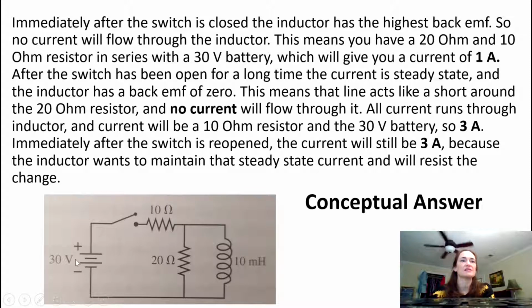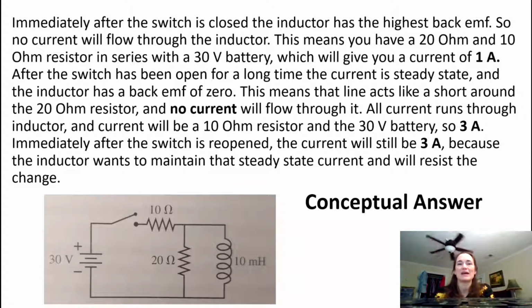See, when you've got this circuit here, you've got a battery, and it says the switch has been open for a long time. That means that there's no current flowing anywhere in the circuit. And then when you close that switch, the rate of change of the current, dI/dt, is going to be largest right there at the beginning. Remember that the equation for the back EMF of an inductor is proportional to dI/dt.